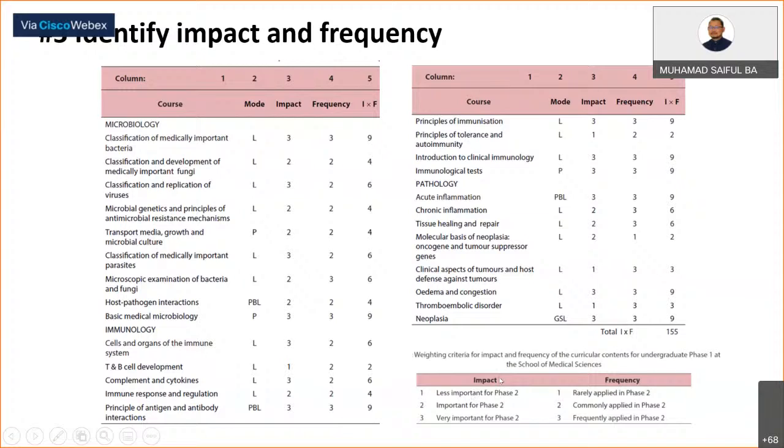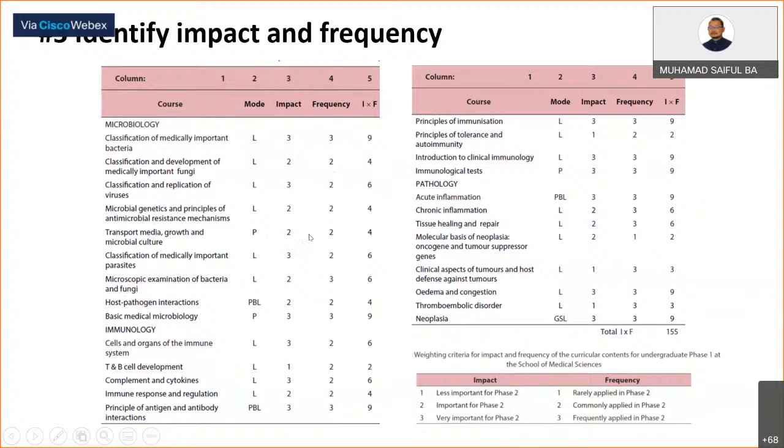For example here, how do we define the impact for this particular phase? 1 means less important for phase 2. Phase 2 is the clinical phase. Now this course is phase 1, which is preclinical. And 2 means important for phase 2, and 3 is very important for phase 2.